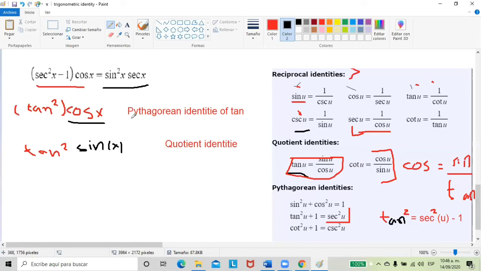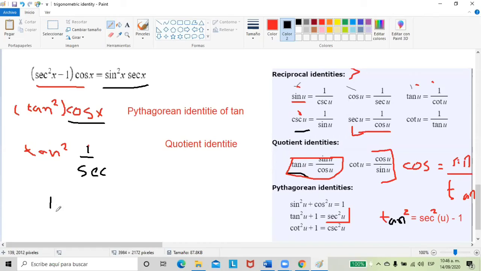Okay, we cannot use this one, the reciprocal identity, because if we use the, okay, let's make it with the reciprocal identity, and we will know what we have at the end. So it's 1 over secant, okay? So 1 over secant.